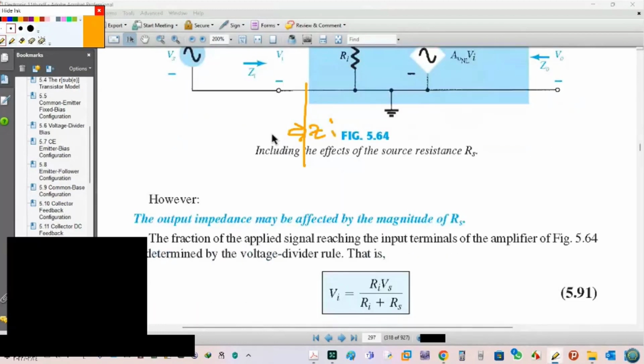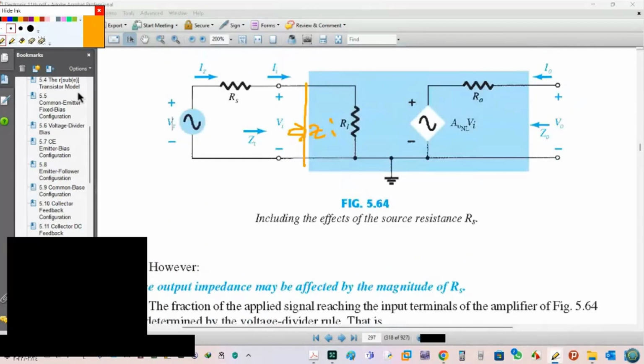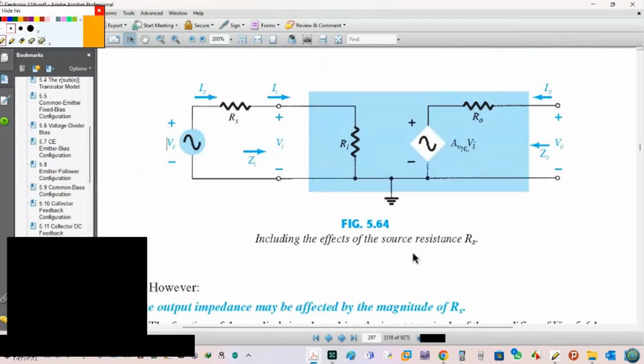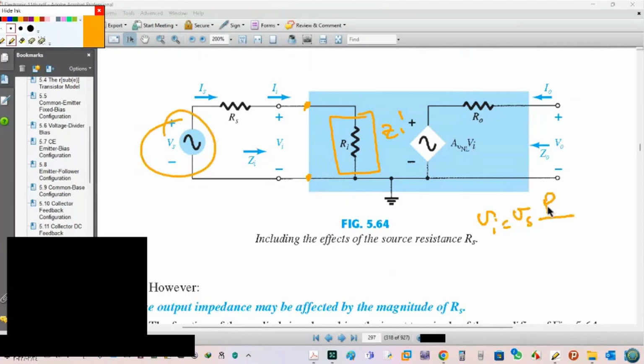It's from the picture. See, VI is across RI, this is ZI, so it's a voltage divider. If you cannot follow me, just a minute. So VI equals VS multiply RI over RI plus RS.